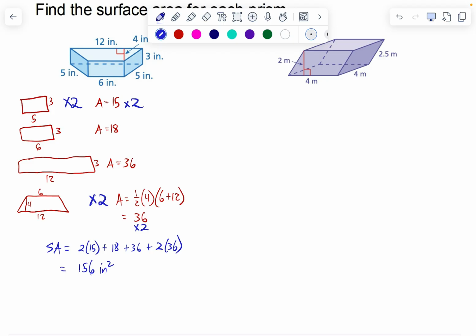They're the parallel faces. Remember that the area is half the height times the sum of the bases, or we wrote it as the height times the sum of the bases divided by 2, either one. There's two of those. I just wrote it out as an equation to get 156 square inches. How'd that go for you?